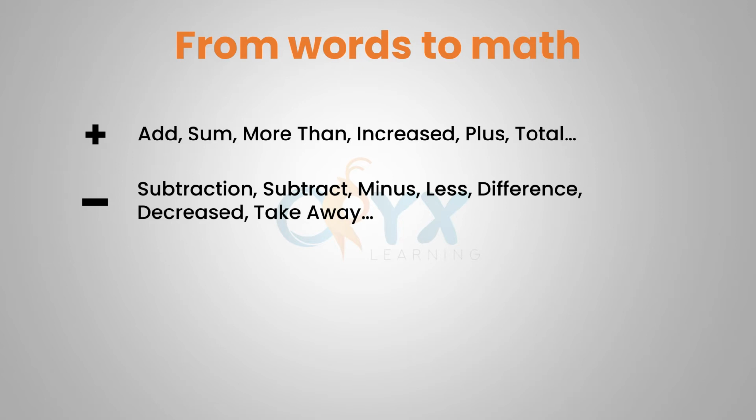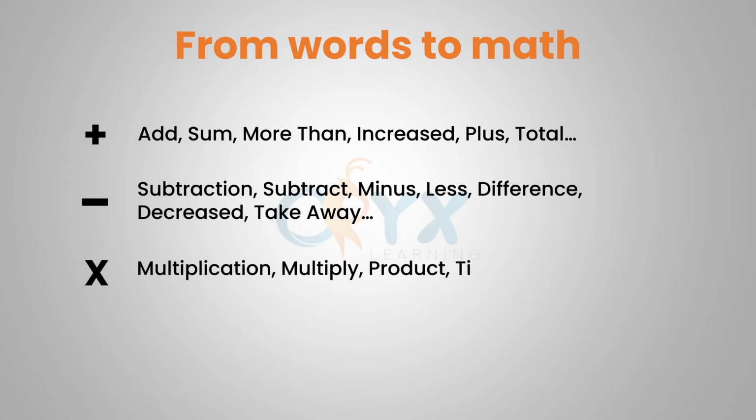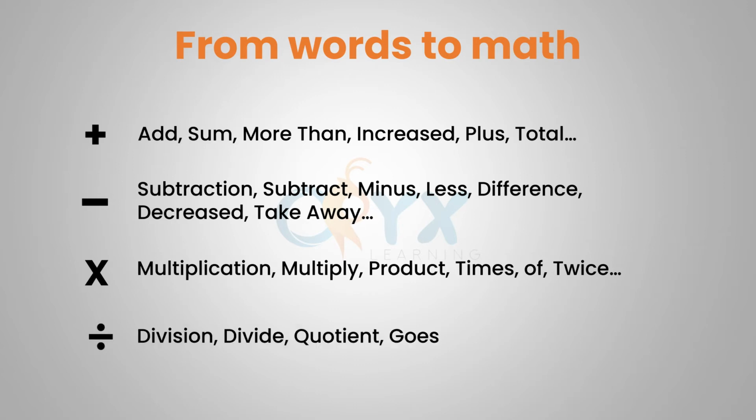For multiplication, we can use multiply, product, times, of, or twice. And for division, we can use divide, quotient, goes into, or how many times. Those are not all of the options, but it's a pretty good list to start with.